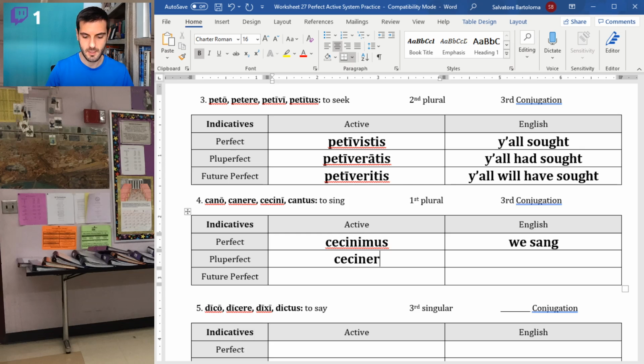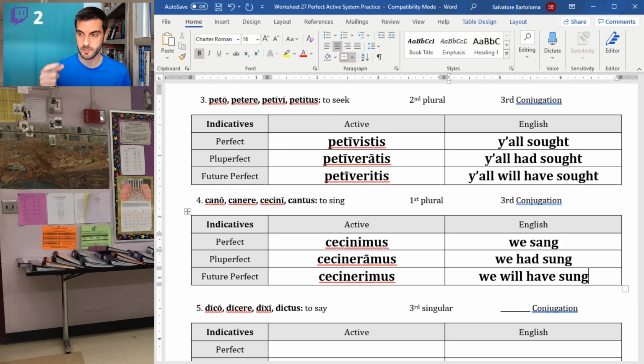Cecineramus. We had sung. Changes over to sung. And cecinerimus. We will have sung. So we sang, or we have sung. We had sung, we will have sung.